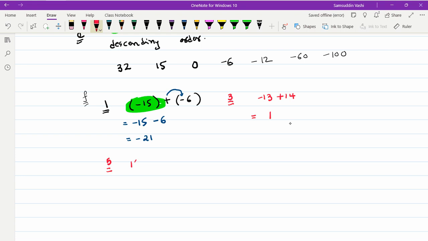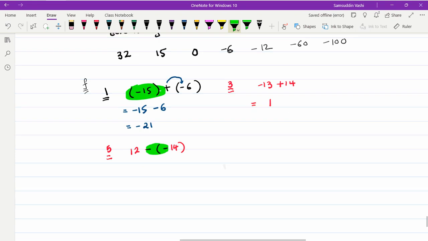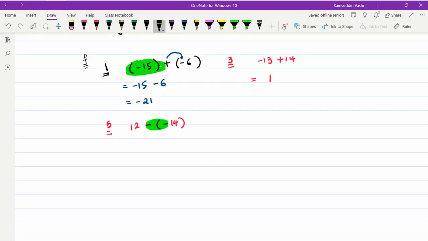What is 5? 12 minus 14. So here it is 2 negative, right? So outside the bracket, if it is negative, the one which is a negative inside the bracket will change the sign. Get it? So that negative 14 will become positive 14. 12, no change.